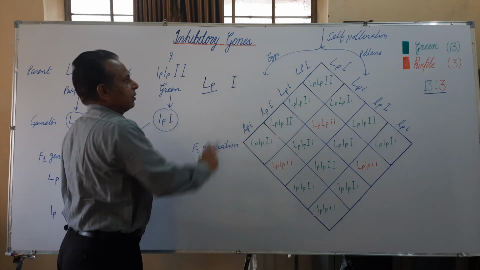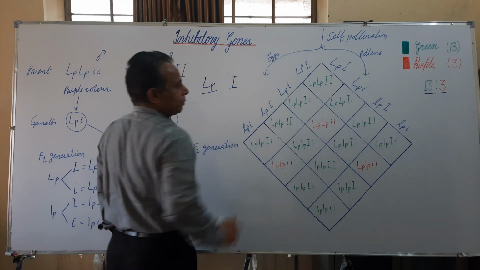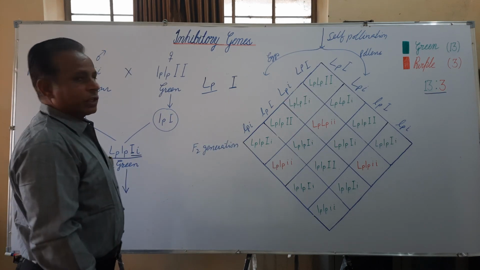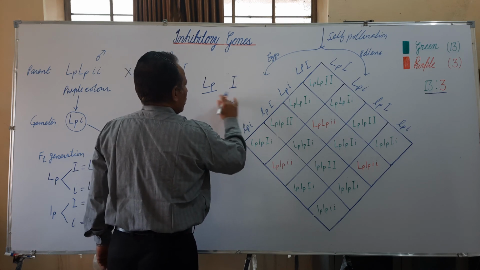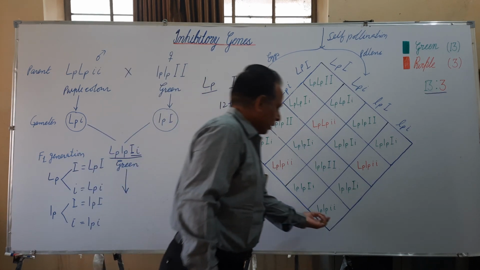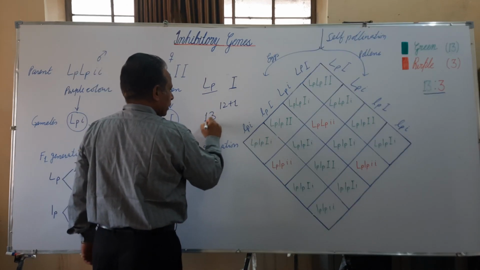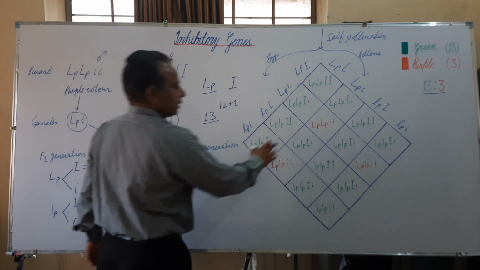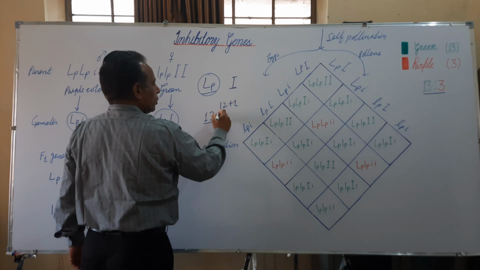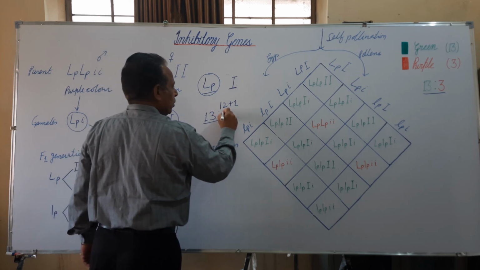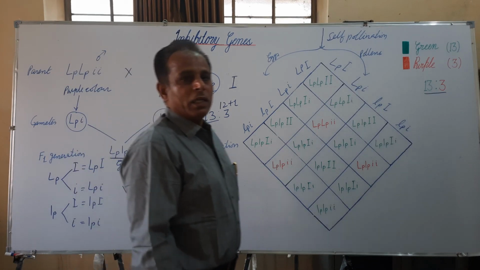As a result, this I, capital I, is present in out of 16 in 12 combination, and in 1 both genes are present in the recessive condition. So total zygotic combination are 13 type, and only in 3 there is capital LP present alone. So we get the ratio 13:3. So this one is the interaction of inhibitory gene.